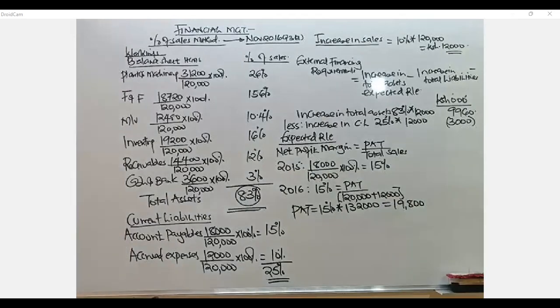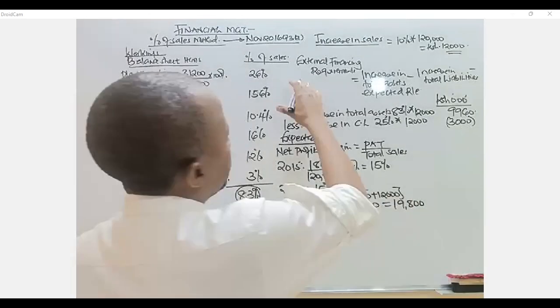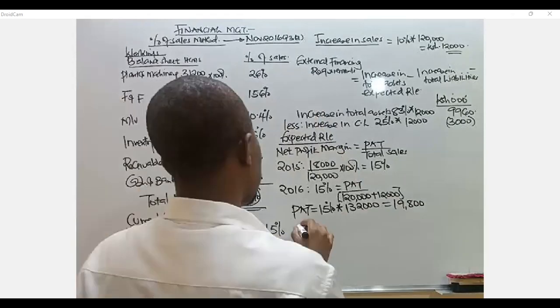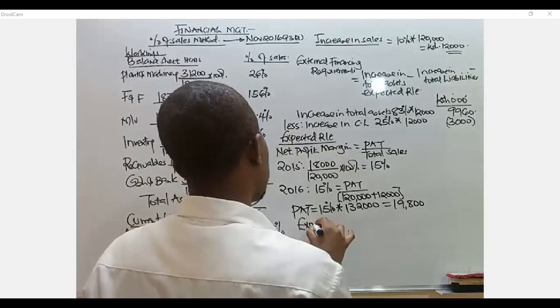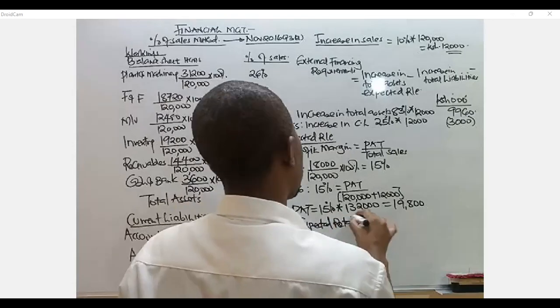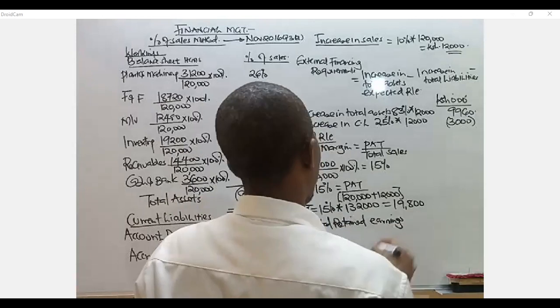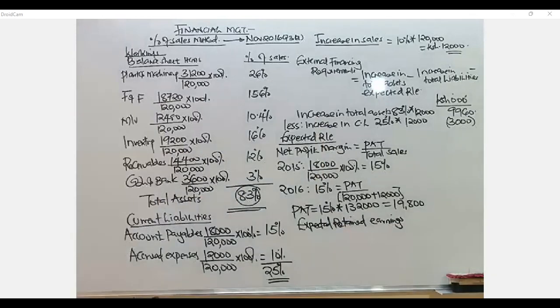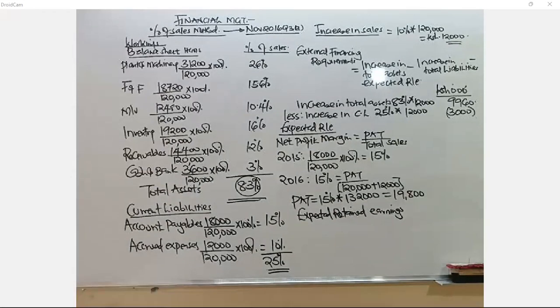19,800. Now, from that aspect, I just want to compute the expected retained earnings. That is what we require here, so that we can get our external financing requirements. So what is our expected retained earnings in this case? When I look on the question there, we are being told in note number 4, the company adopts 80% payout ratio.